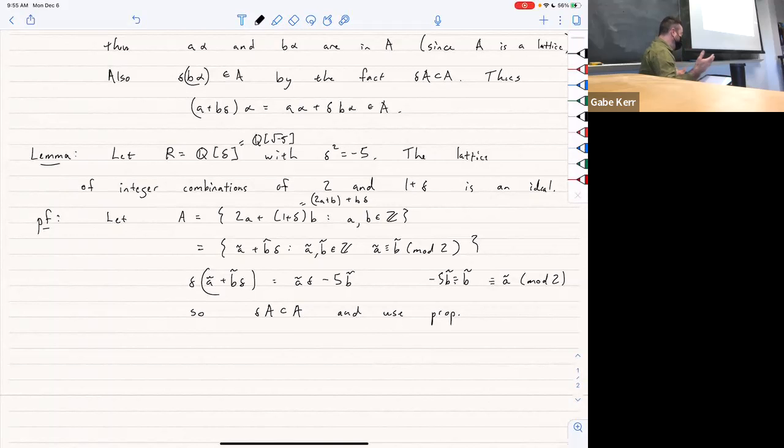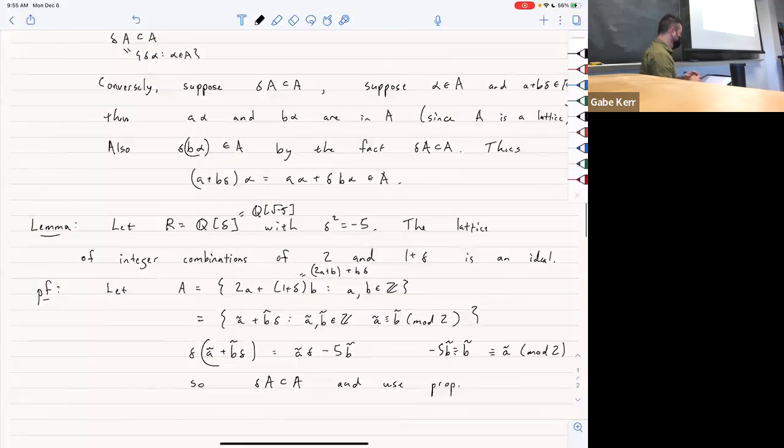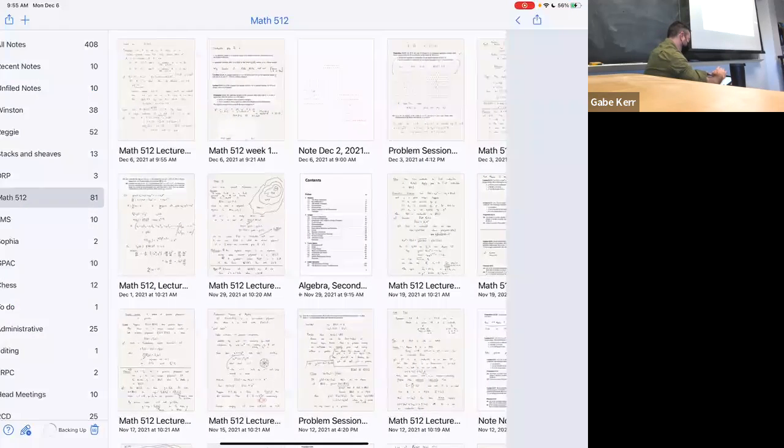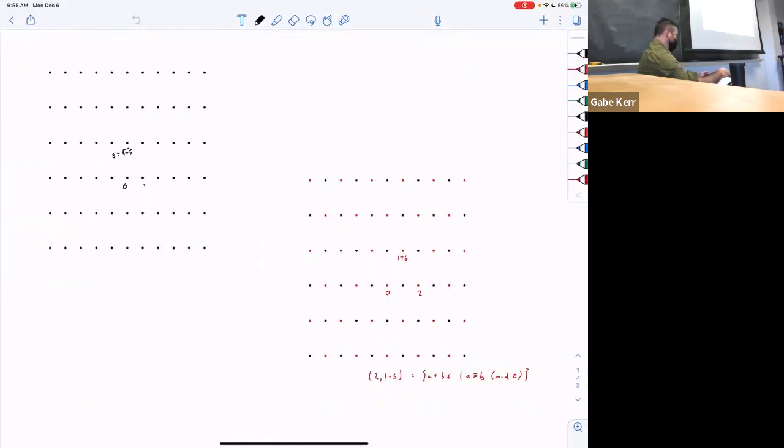Now, this kind of seems a little strange. We have all these big general theorems, and then you look at this one particular case and write down one particular ideal. It seems a little like going the opposite direction of where we were going, which is fine. Again, I showed you this picture last time of this ideal.